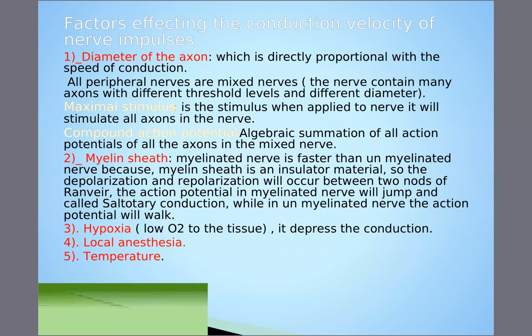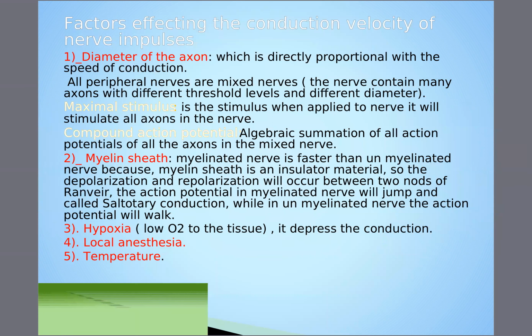The other point is the myelin sheath, its presence or absence. Myelinated nerve is faster than unmyelinated nerve because the myelin sheath is an insulator material, so the depolarization and repolarization will occur only between the two nodes of Ranvier. We said the nodes of Ranvier are like stations that work for augmentation of the stimulus.